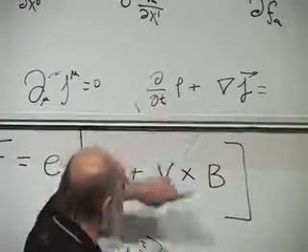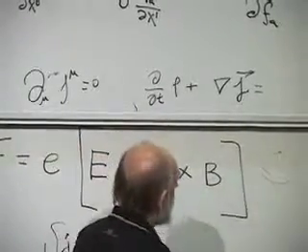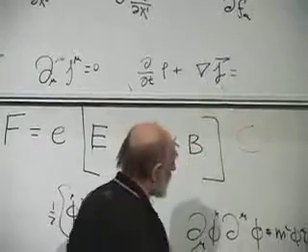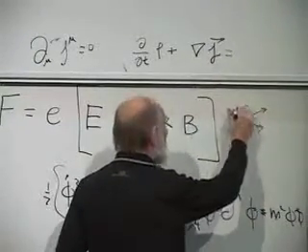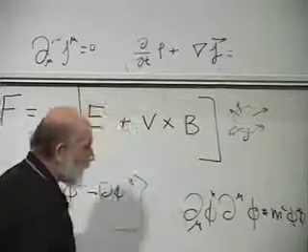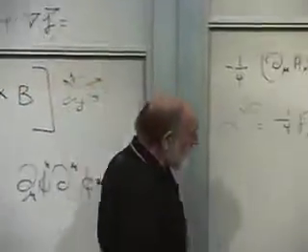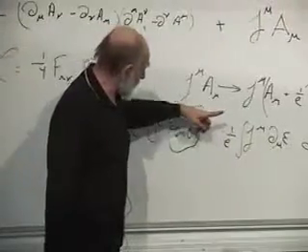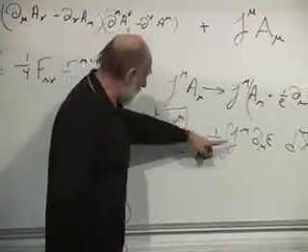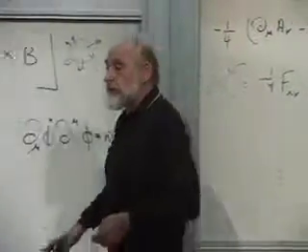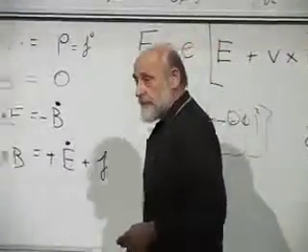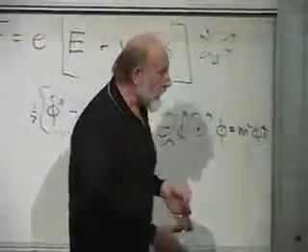The only way that the charge in a region can change is if there's a divergence of the current, which corresponds to current flowing out of or into the region. So this equation, d mu j mu equals 0, the continuity equation, is the necessary and sufficient condition for the action to be gauge invariant.